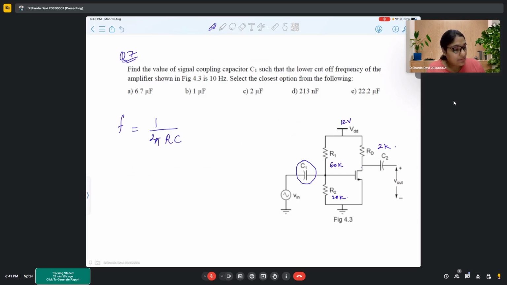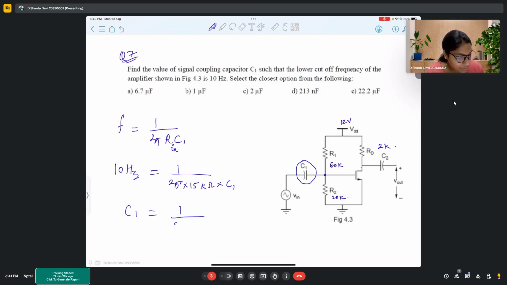Here basically this R will be Rin and the C is C1 or Cin. So 10 Hertz should be equal to 1 upon 2 pi Rin, that is Zin, which was 15 kilo ohms earlier, into C1. So C1 is 1 upon 2 pi into 15 kilo ohms into 10.